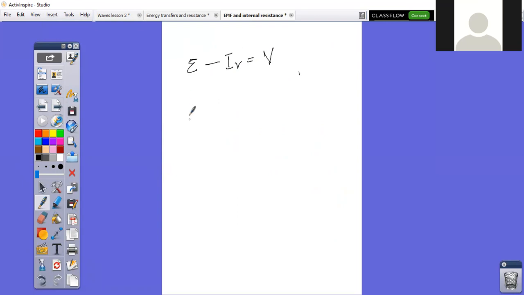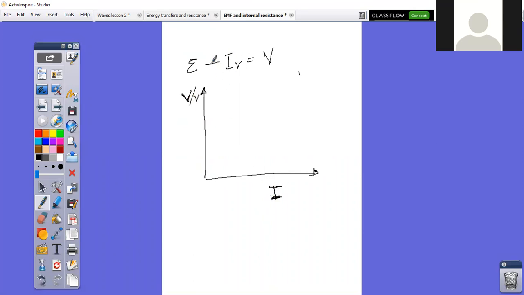So if I was to plot a graph, let's just say we wanted to plot a graph of terminal PD, V, which is in volts, against current.